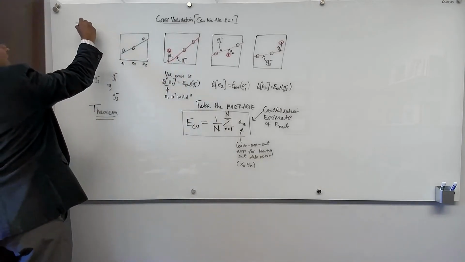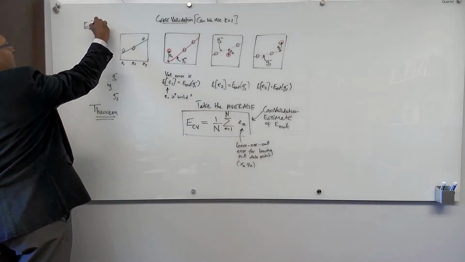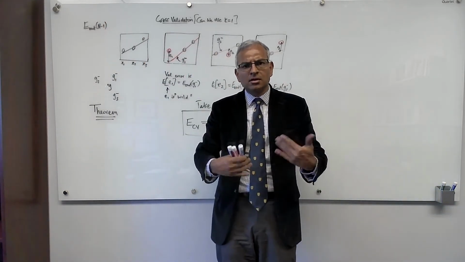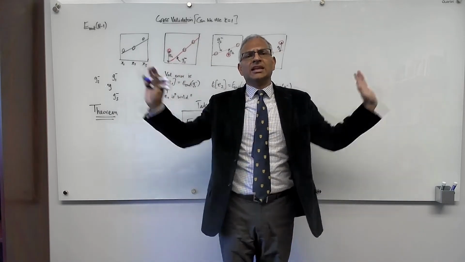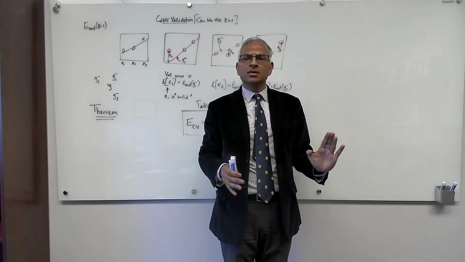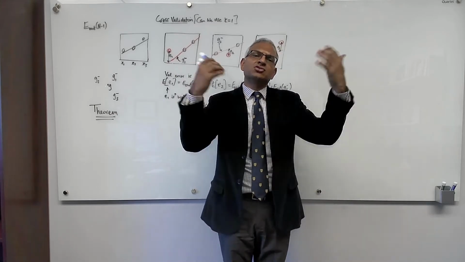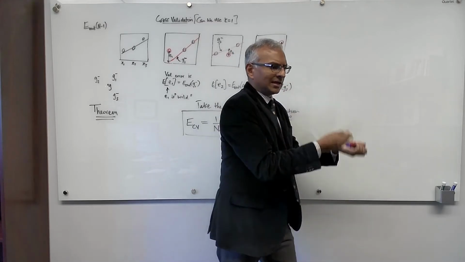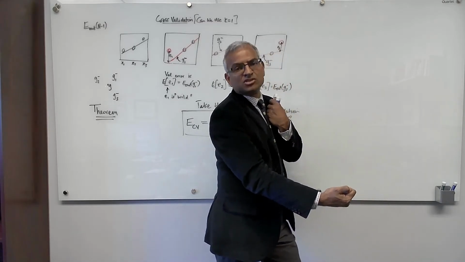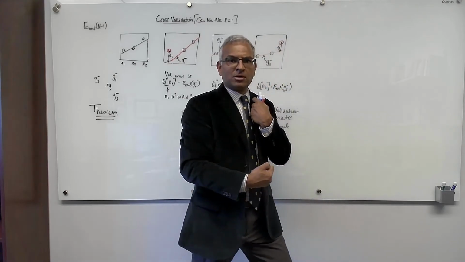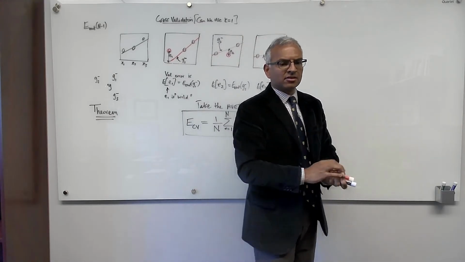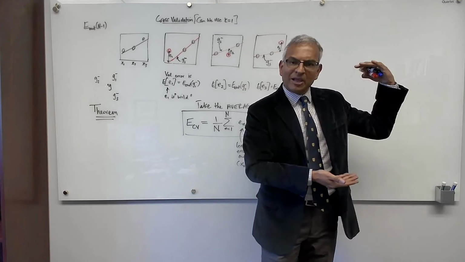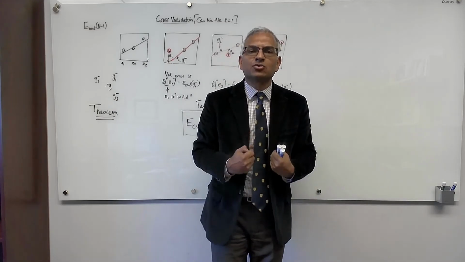That's the error you expect to incur when you learn with n minus 1 data points, averaged over data sets of size n minus 1. So I generate a data set of size n minus 1, I learn, I produce a hypothesis G sub n minus 1, and I evaluate its out of sample error. Then I repeat, generate another data set of size n minus 1, learn, and see the out of sample error. On average, I get some expected out of sample error when I learn on n minus 1 data points.